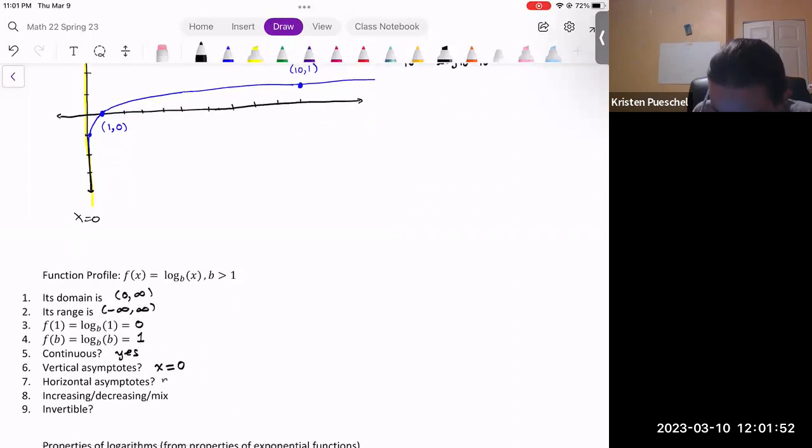It has no horizontal asymptotes, no horizontal lines that it gets close to. This is always going to be increasing if b is greater than 1. And it is invertible, right? If we draw a horizontal line across it, we see that we're only going to touch in 0 or 1 spots.